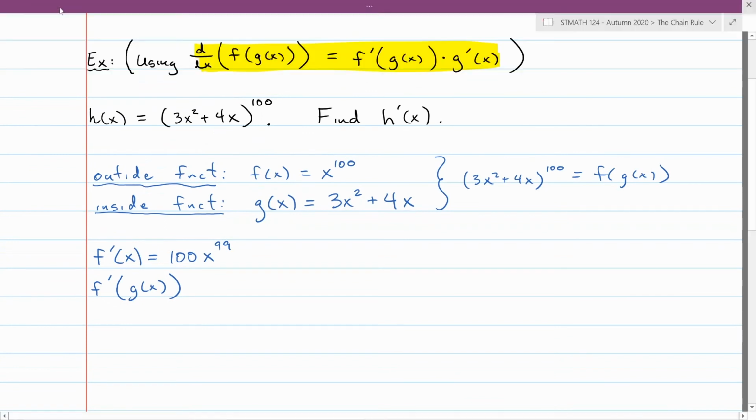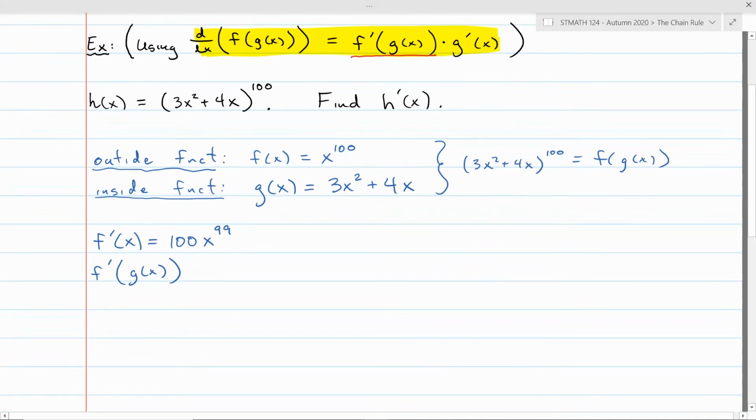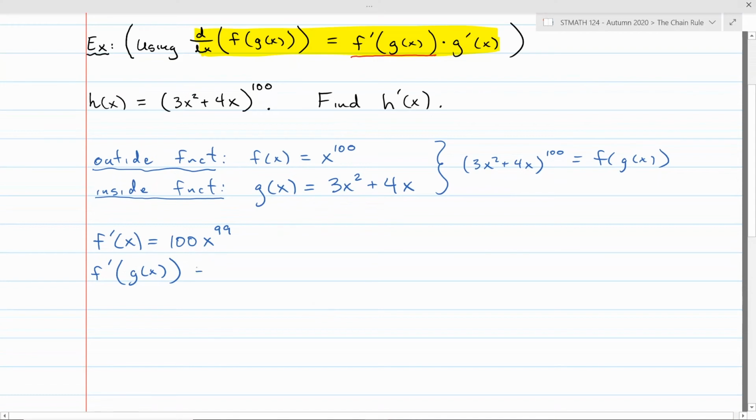So since we know what f prime of x is, then f prime of g of x would be just putting g of x in place of x in the formula. So that'd be 100 times g of x, which is 3x squared plus 4x, raised to the 99th power. And then, of course, we can do g prime of x. g of x is 3x squared plus 4x, so g prime of x is 6x plus 4.